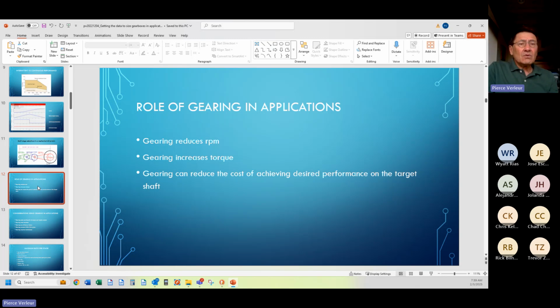So in most cases where you want to run a load at a certain speed and a certain torque, gearing or some form of mechanical reduction, belts and chains being another option, you will find that they are useful, economical, and appropriately applied to achieve the optimum solution.